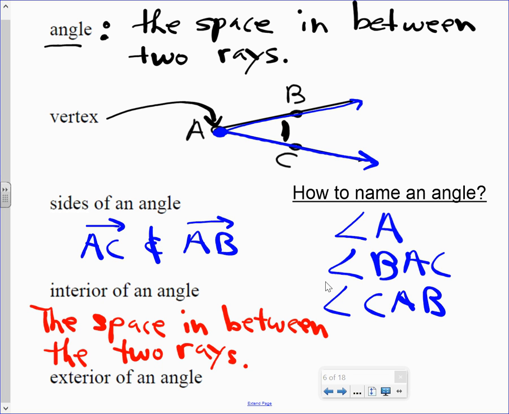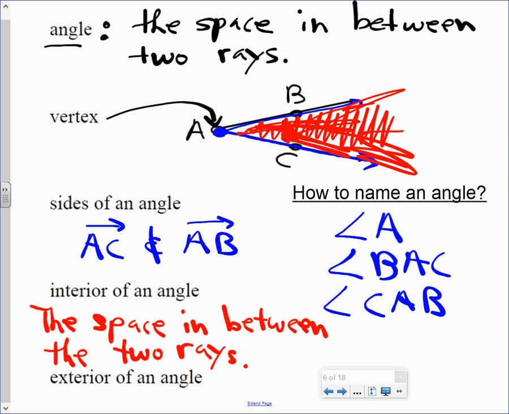So I'm going to highlight the space in between the two rays in red here. This is the interior, all this space here. Matter of fact, I'm going to color the interior just a bunch of red here. All this is the interior of the angle. Notice, it goes on forever because these rays go on forever.